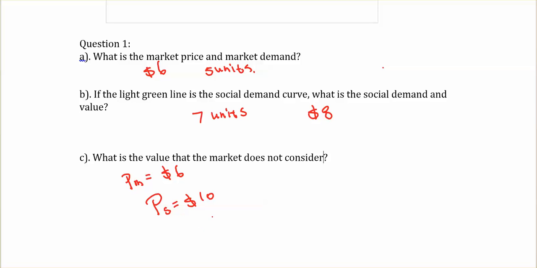So this tells us the value that the market does not consider is $10 minus $6, which is $4. So the $4 is the value that the market does not consider.